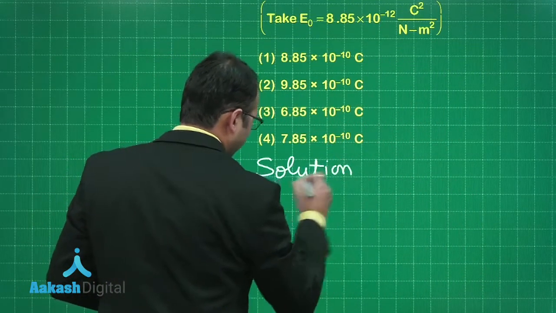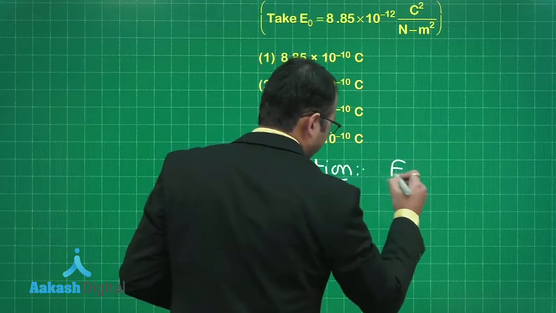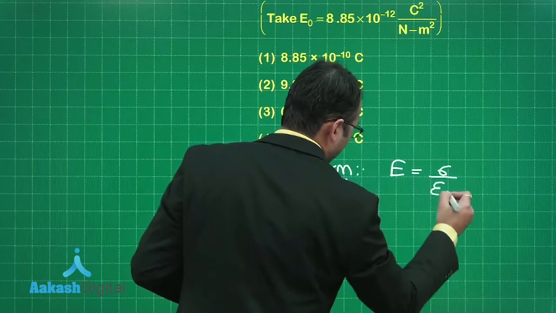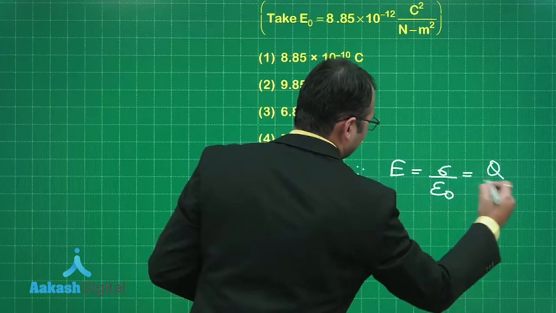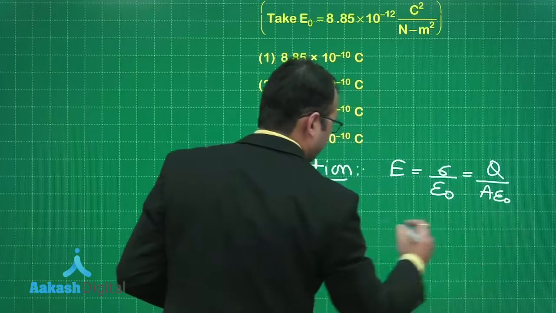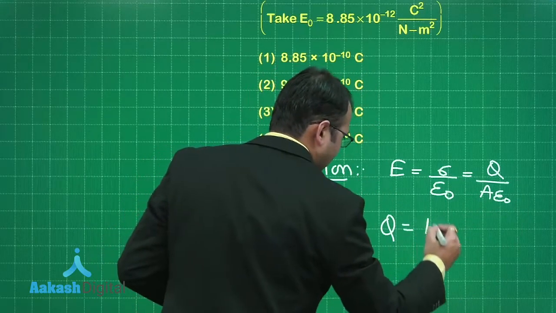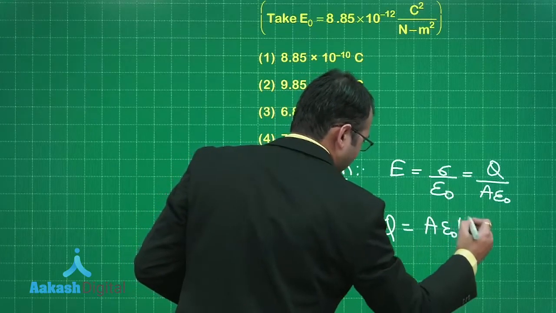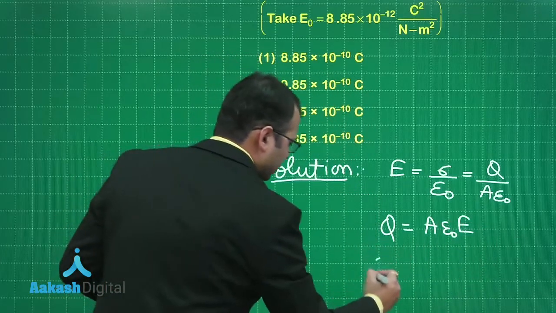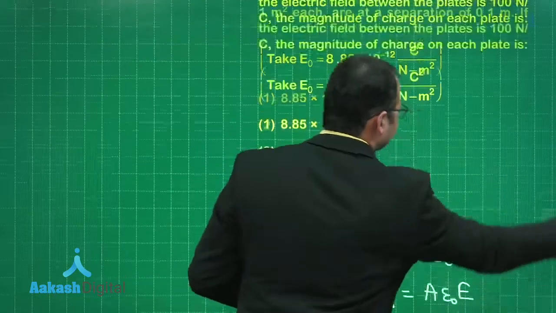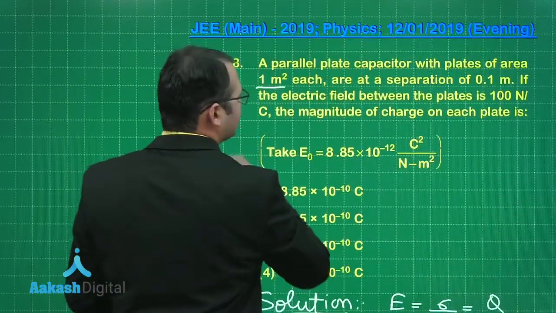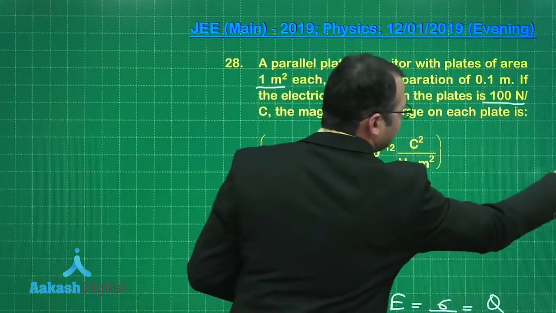As you are well aware of the formula, electric field can be written as sigma by epsilon naught, and sigma is basically Q by A. So for charge I can write A E epsilon naught. So what is the value of area? As per the question, area is 1 meter square and electric field is 100 Newton per coulomb.